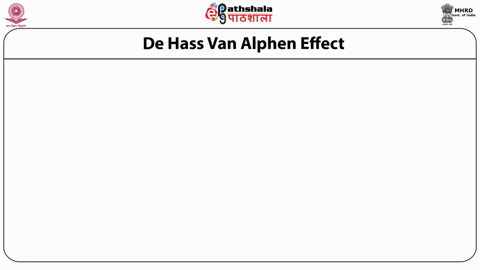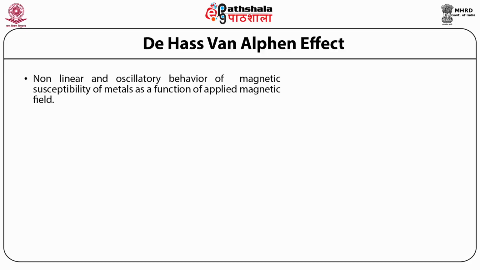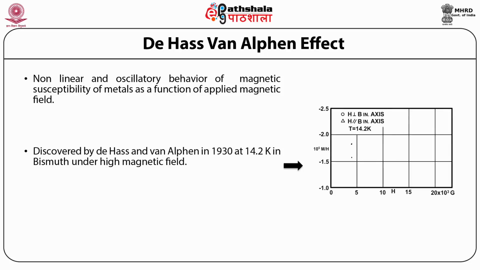The de Haas-van Alphen effect, which we call the DHVA effect. This effect is an oscillatory variation of diamagnetic susceptibility, that is, oscillatory variation of magnetic moment of a metal as a function of magnetic field. It was discovered by W.J. de Haas and P.M. van Alphen in 1930 at very low temperature.